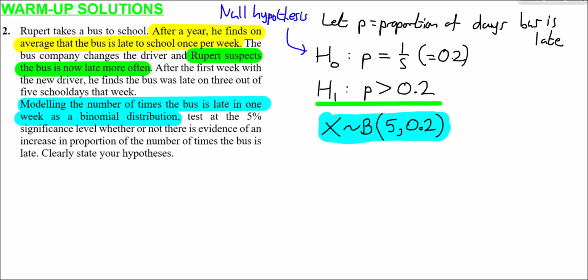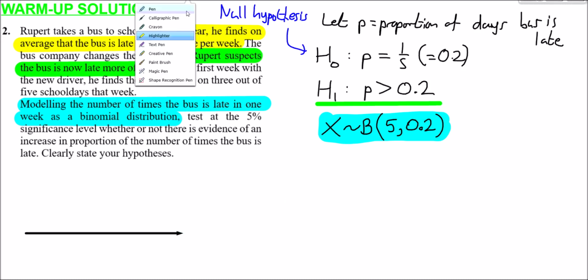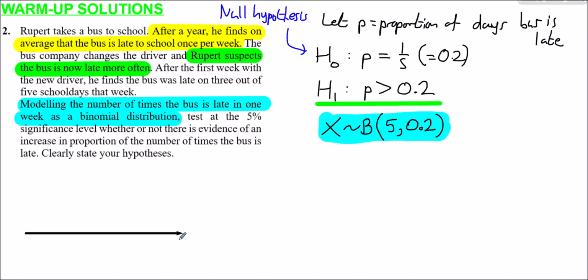So what I'd suggest we do here is to sketch out our normal distribution curve. So here we've got number of late days. So let's call this x, that's number of days it's late.